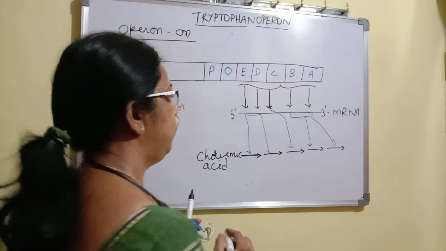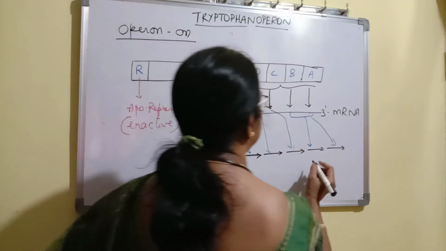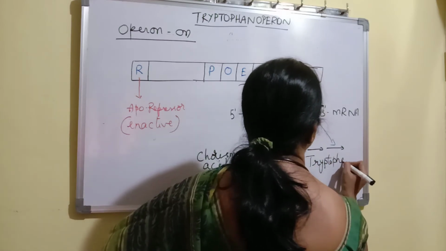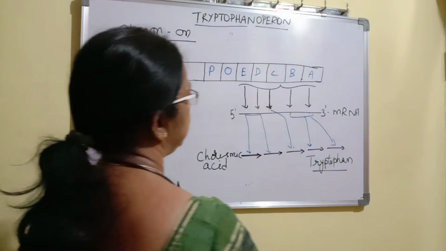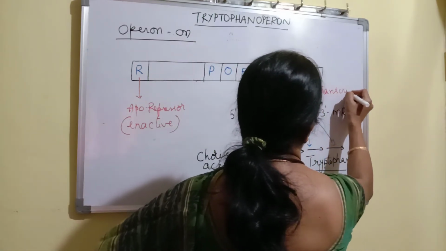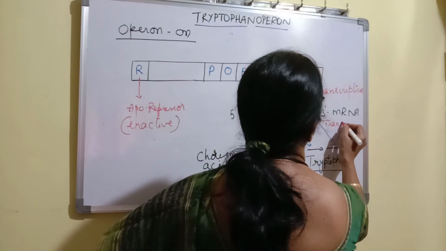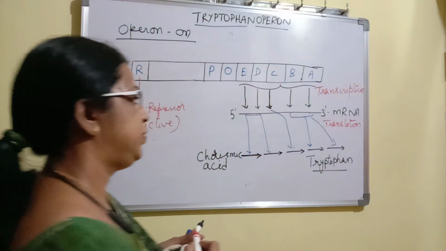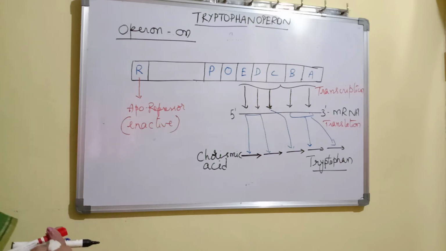So in this way 5 different enzymes will be produced, finally to synthesize the amino acid tryptophan. This process is transcription, and this process is translation. So finally from chorismic acid, tryptophan is formed.